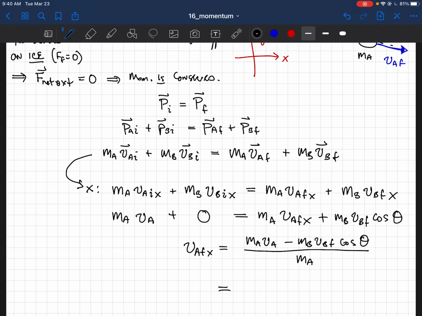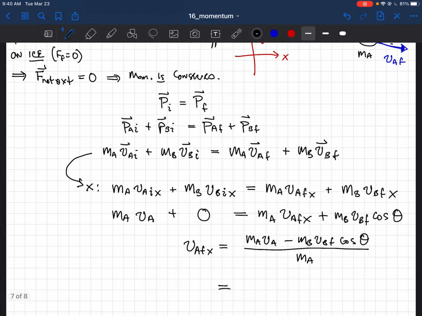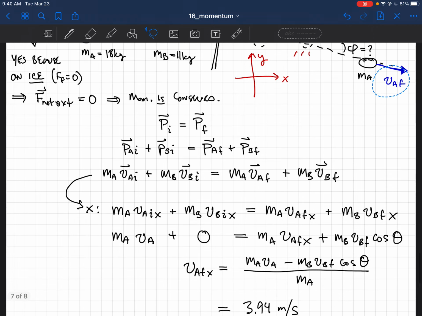So 11 times 3 times cosine of 30 degrees. And then we divide that whole thing by the mass of your curling stone, which was 11, and we get 3.94 meters per second. Okay? So that is the x component of the final velocity of this stone here.